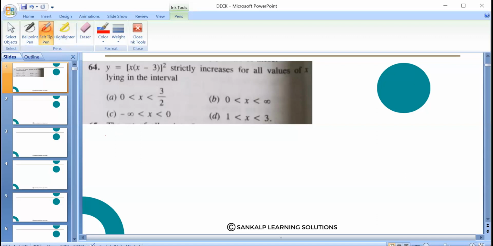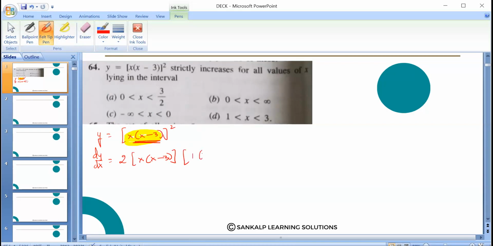So it is about increasing. So take the derivative of x into x minus 3 whole square. Using chain rule, dy by dx is something square, derivative is 2 into x into x minus 3, but the derivative of x into x minus 3, you have to use product rule.